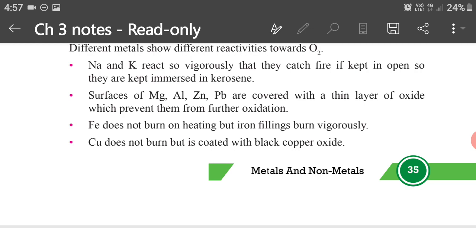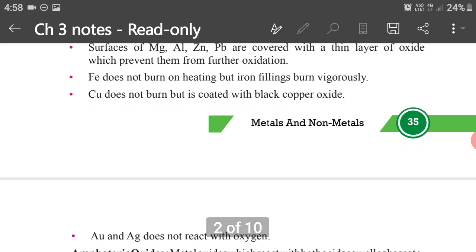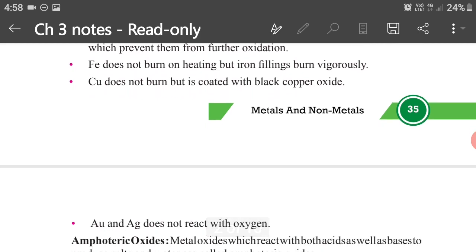It does not allow further oxidation. So this is the property of magnesium, aluminium, zinc, these metals, such that they prevent further oxidation by forming a thin layer of oxide over them.